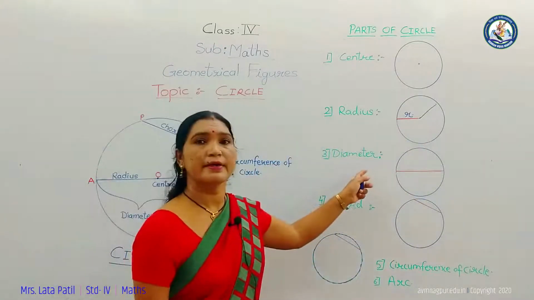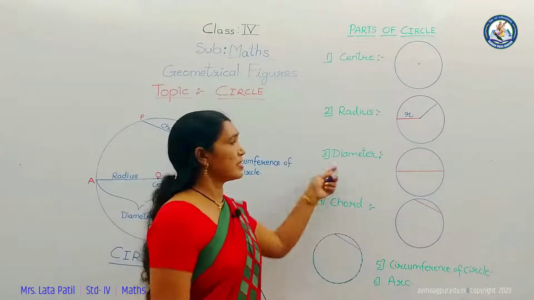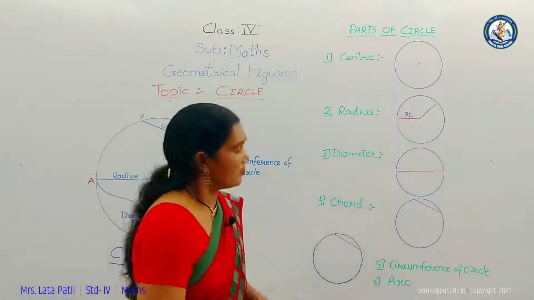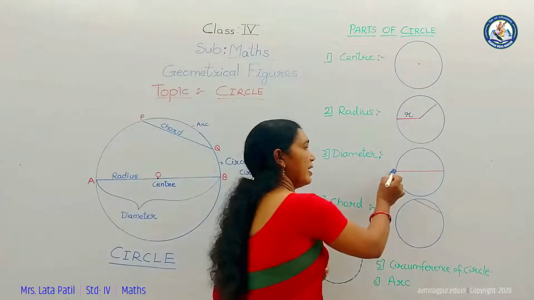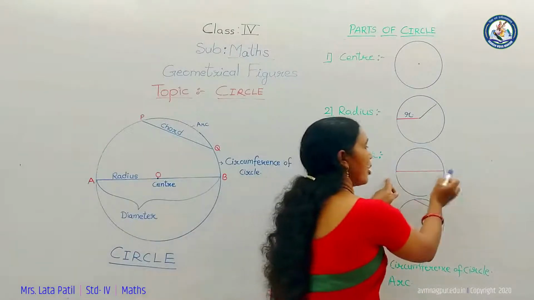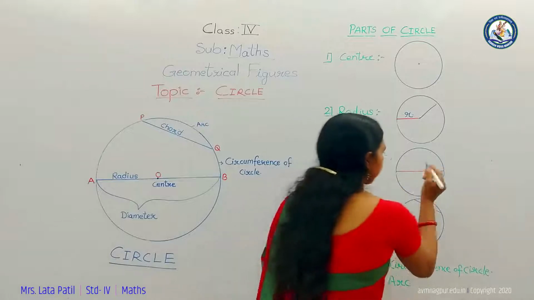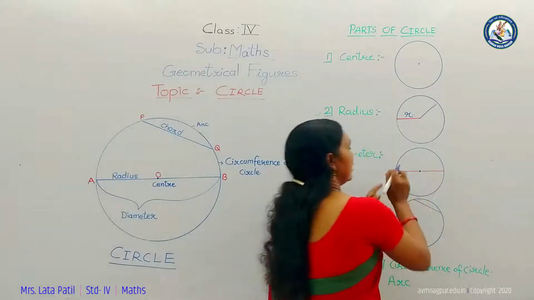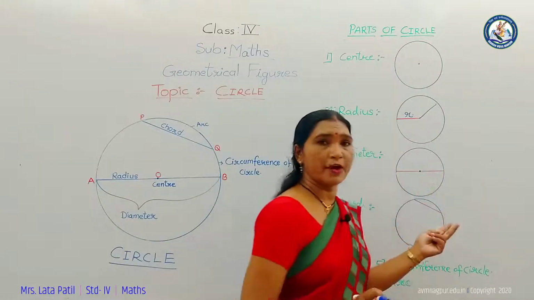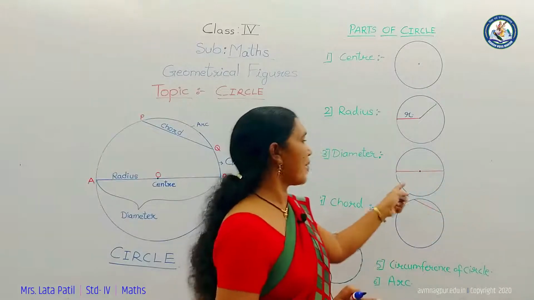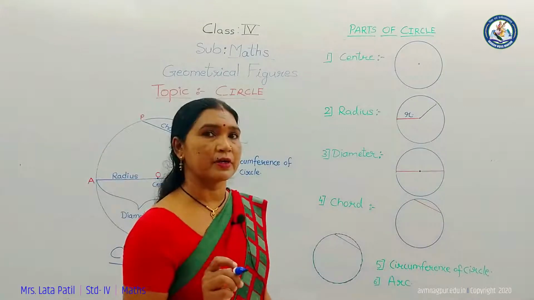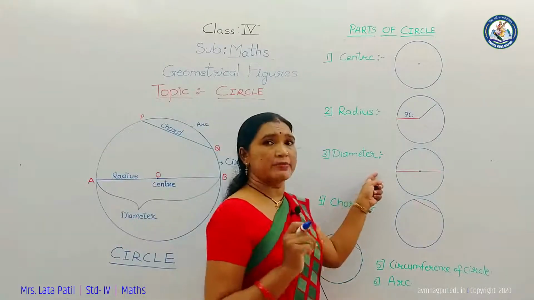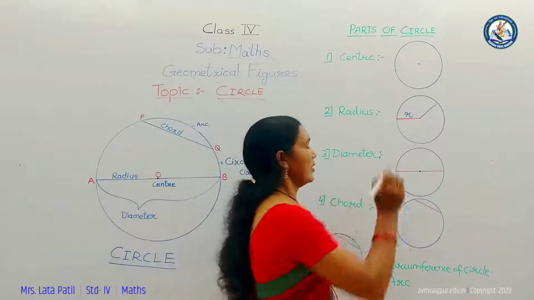Next is diameter. Now what is diameter? The definition of diameter is a line that joins two points on the circle by passing through the center of the circle. Once again, what is diameter?